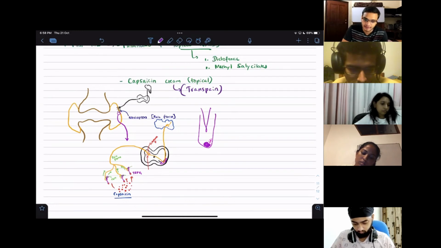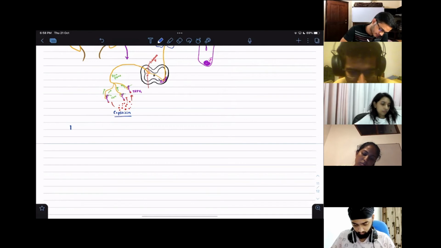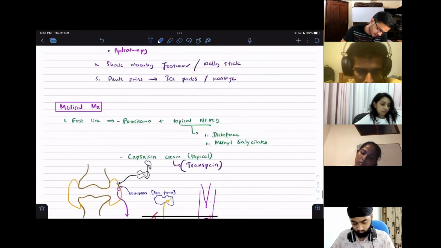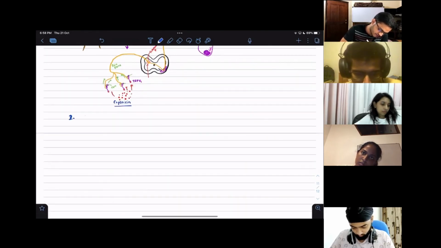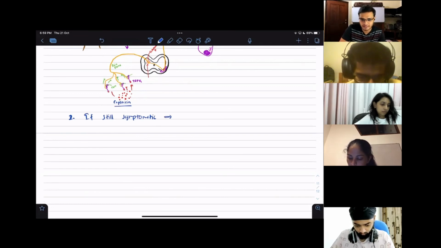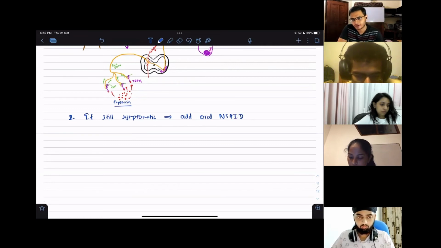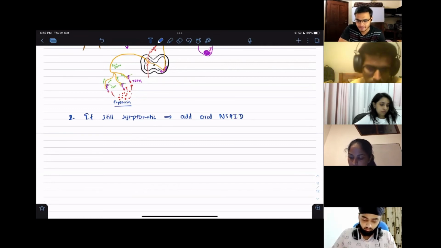Then, guys, if the patient still remains symptomatic, this is the second one. If these initial first line ones don't relieve the patient of these symptoms, you can add oral NSAIDs, oral non-steroidal anti-inflammatory drugs.